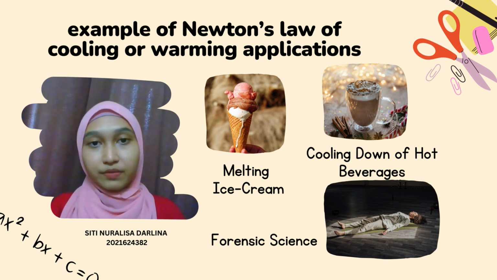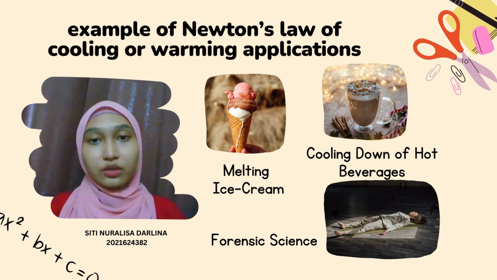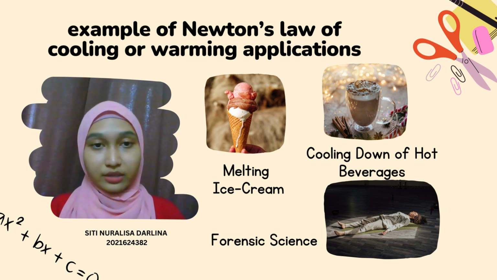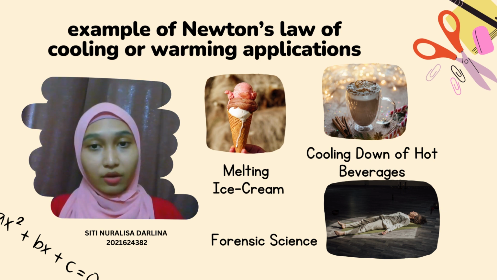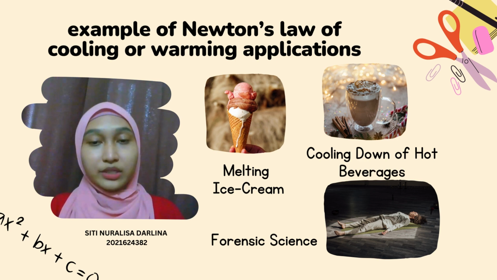It must be observed that a hot beverage cools down quickly during the first few minutes of exposure to the room temperature. And last but not least, for forensic science, detectives and forensic scientists use Newton's law of cooling to determine the time of death of a victim by measuring the temperature of the dead body and the room temperature of the crime scene.